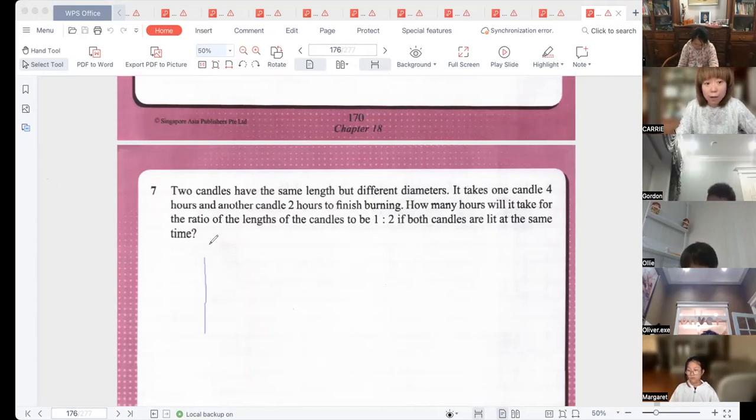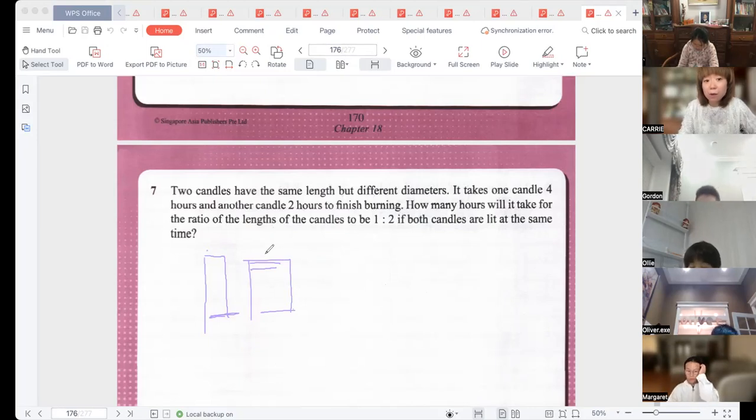Let's draw a candle here, one like this and one like this. Correct, everybody? One is thinner and one is fatter. Do you understand, Margaret? The same length but different diameter. It takes one candle 4 hours and another candle 2 hours to finish burning.